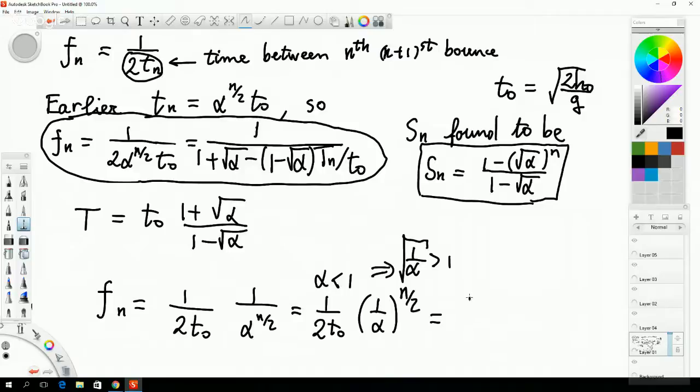So I have something like 1 over 2 t naught times square root of 1 over alpha, which is a number greater than 1, to the n. And when you have a number greater than 1 to the power n and you let n tend to infinity, this will give you in the limit infinity. So we could have already known about the frequency by that simpler equation.